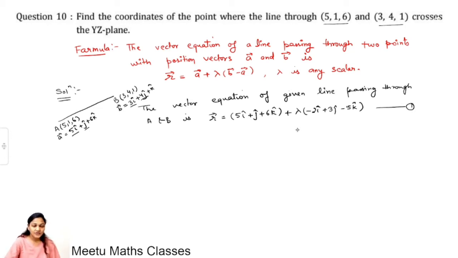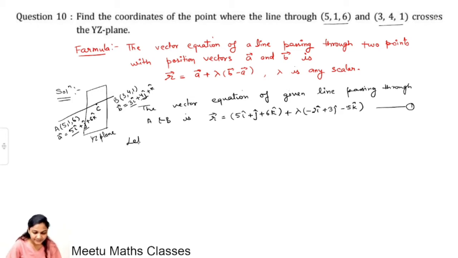Now you are supposed to find out the coordinates of a point where this line AB crosses the YZ plane. Suppose this is your YZ plane. So you are supposed to find out a point on this line which satisfies this YZ plane.